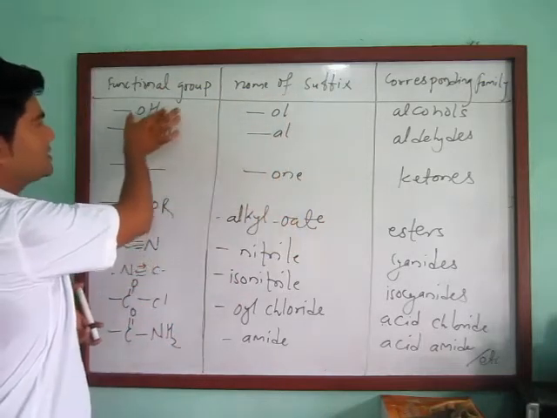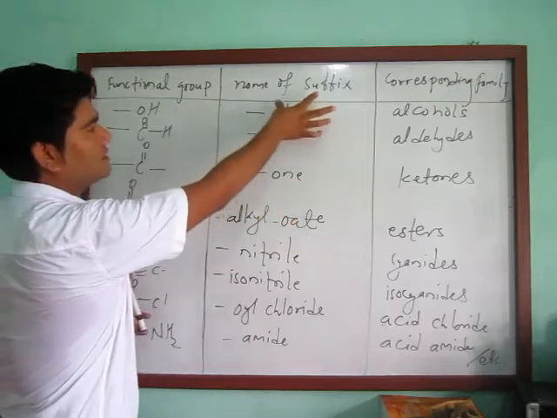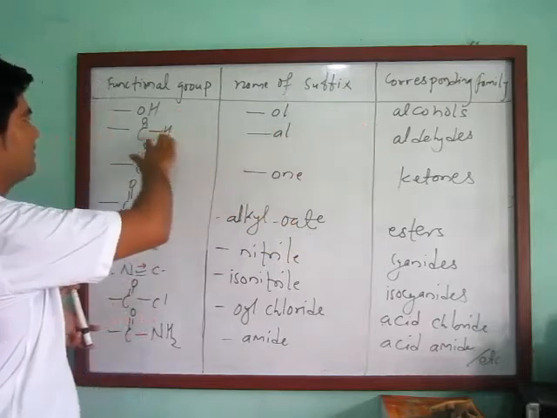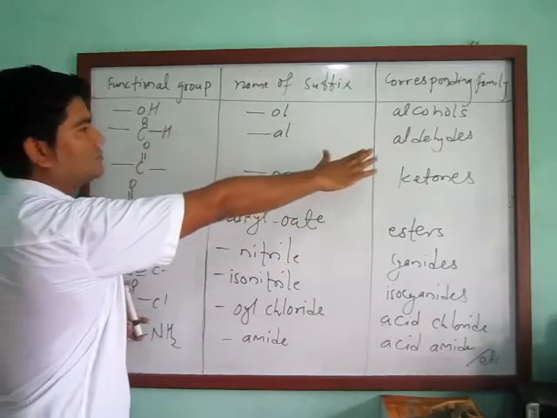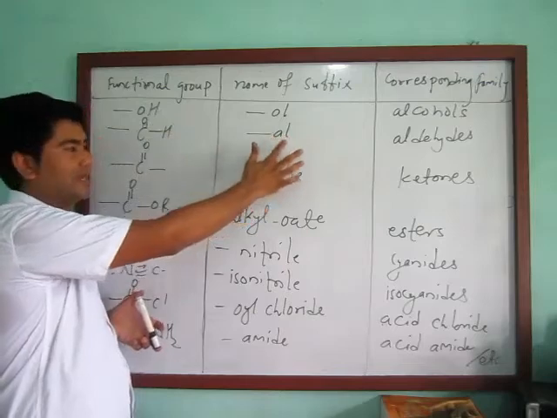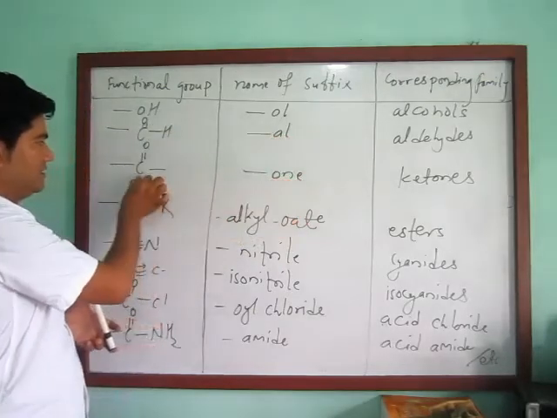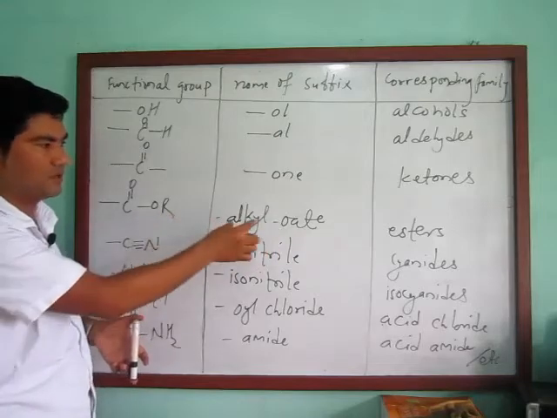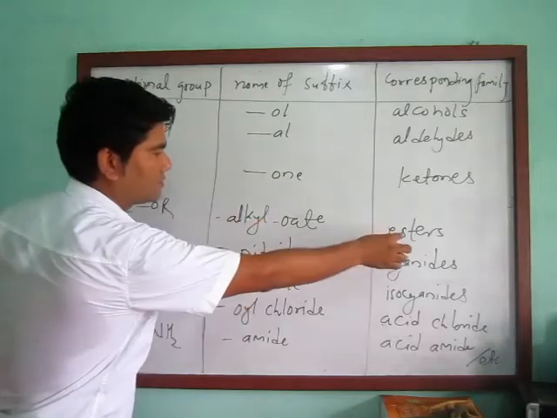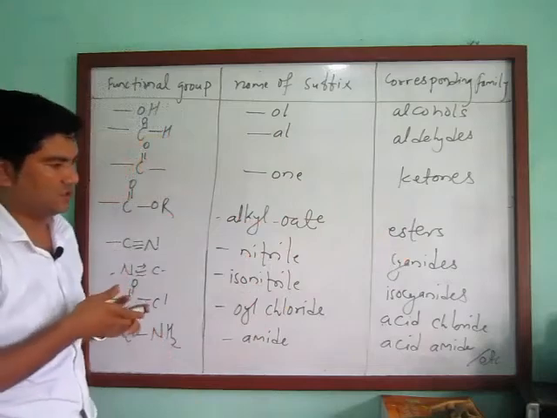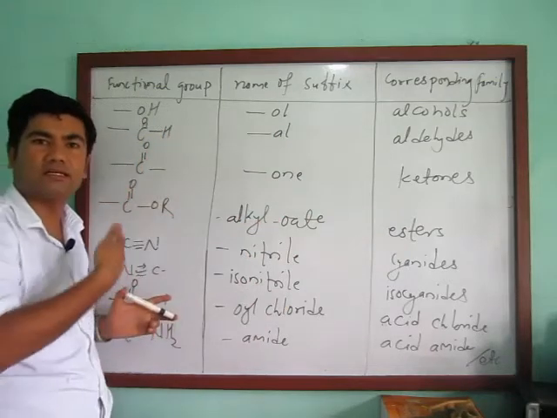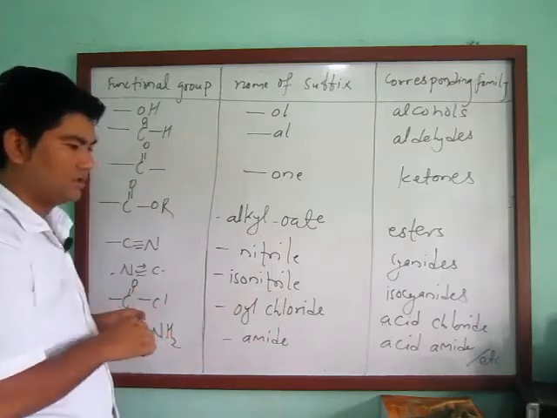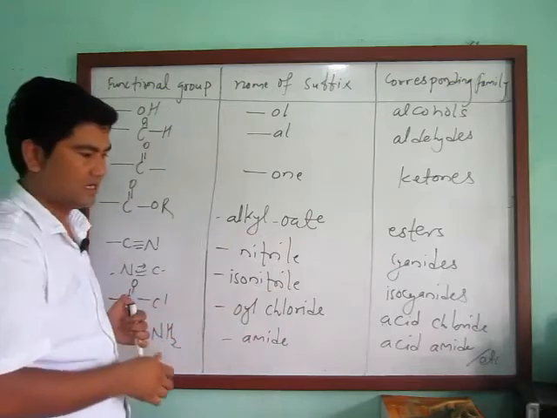For the OH, we should use the -ol suffix, and they come under the alcohols. Similarly, for this one, these come under the aldehydes, and we should use -al, -one. For the keto one, similarly, alkyl alkanoate, like ethyl ethanoate, methyl ethanoate, which comes under the ester.